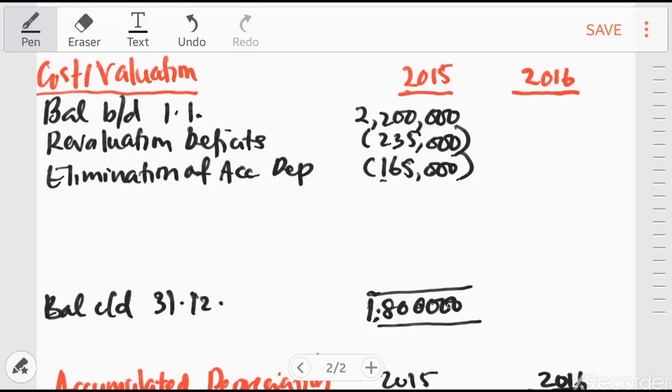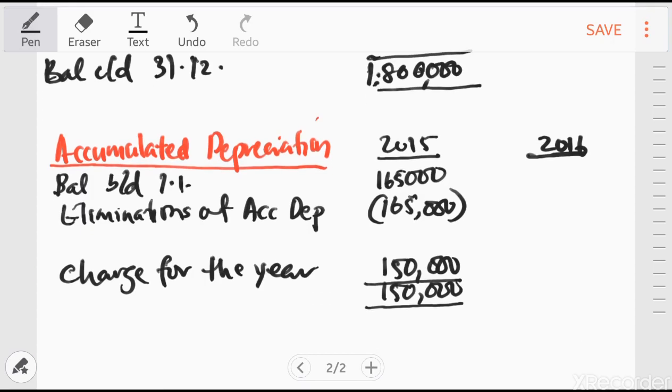Okay, it is at the fair value, and the carrying amount, let me take my calculator, it is 1.8, you can do it together with me, minus 0.15.